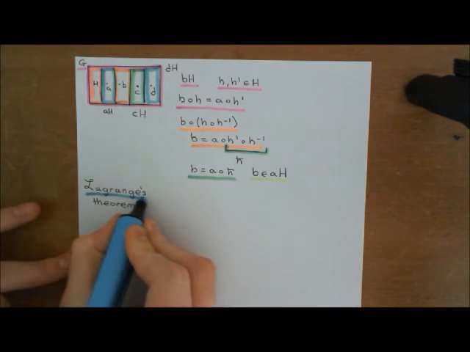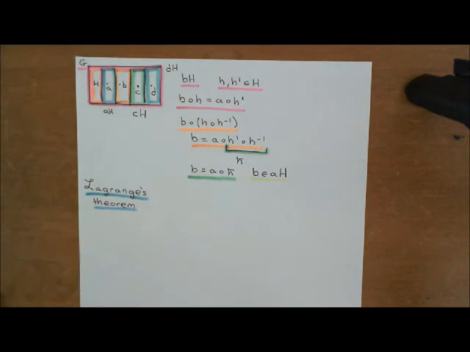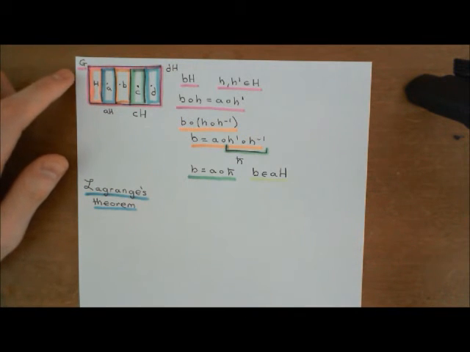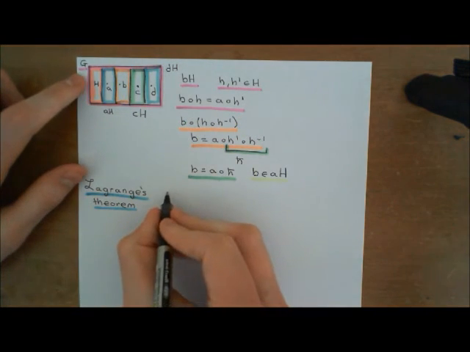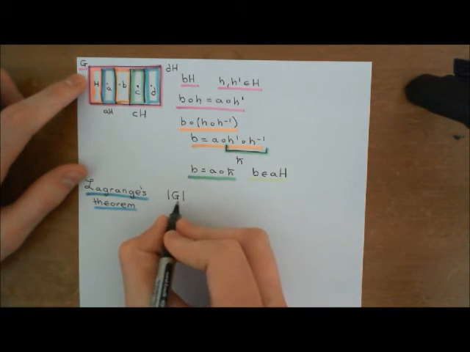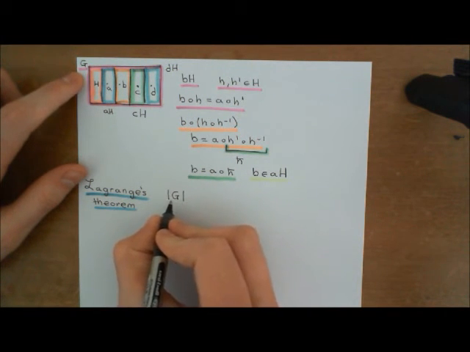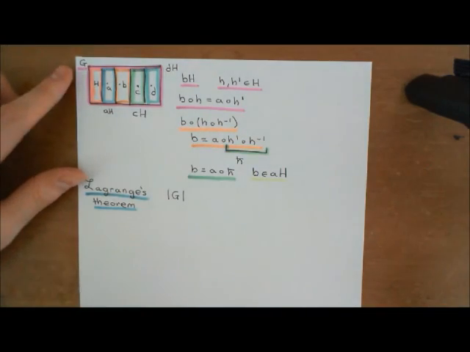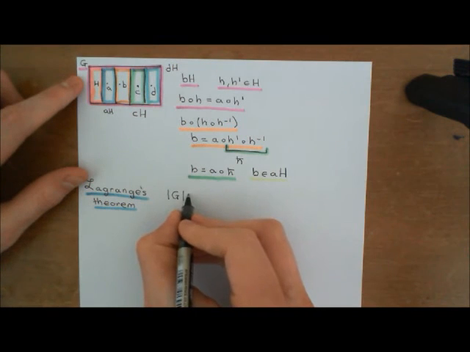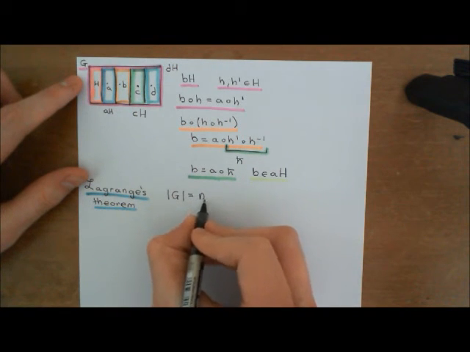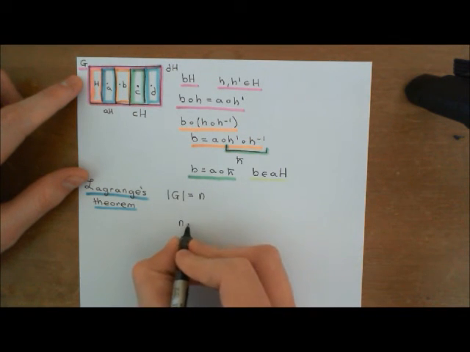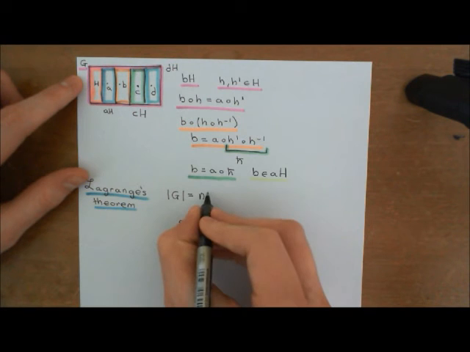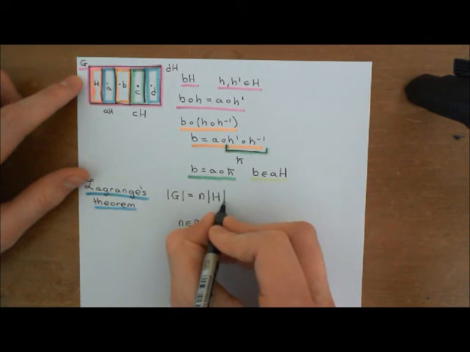Lagrange's theorem says that the order, i.e. the number of elements in the large group, written modulus of capital G and read the order of capital G, which just means how many elements you have in the entire group, has to be some multiple, which I'll call little n, where little n is some natural number, of the order of your subgroup.